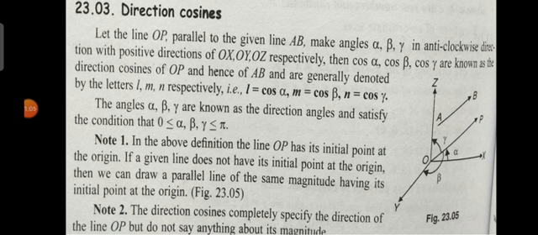Alpha, beta, and gamma are on the positive direction of OX, OY, and OZ.